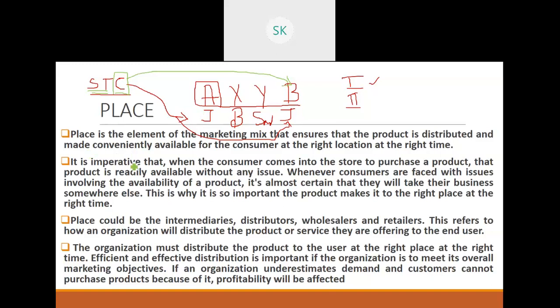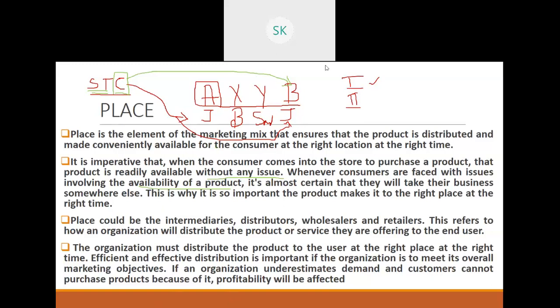You have to make sure the availability of the product is there and they always shop without any issue. So if they have issue, you should make sure the issue is resolved then and there. If you're not giving the product at the right place, then it is difficult for any business to sustain for a longer period of time.